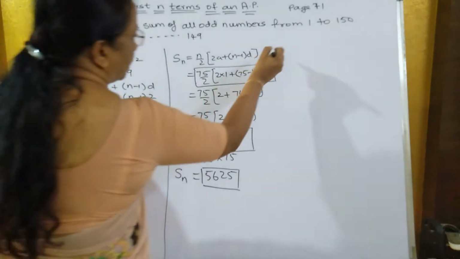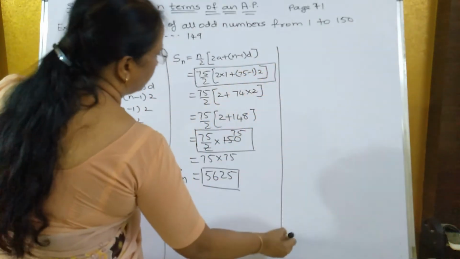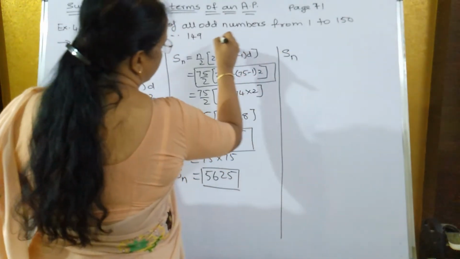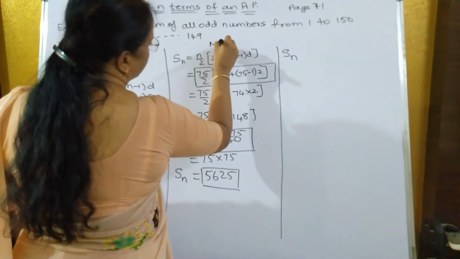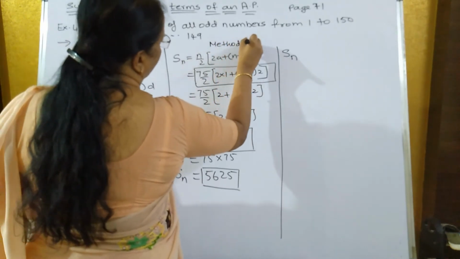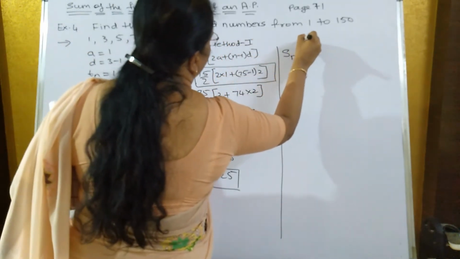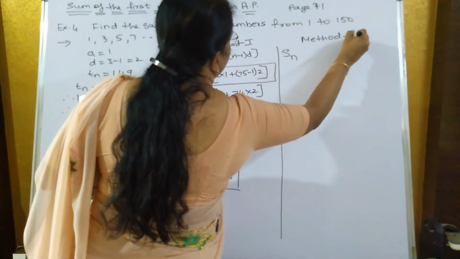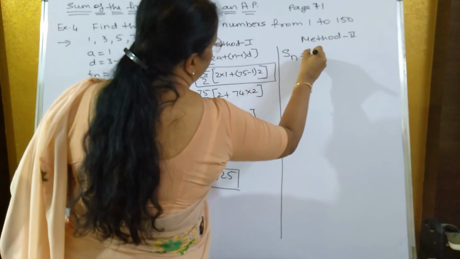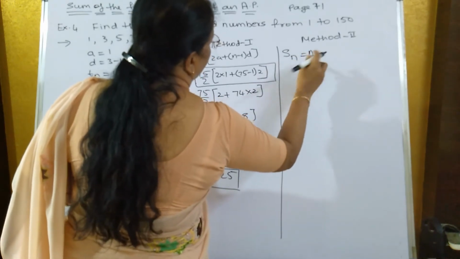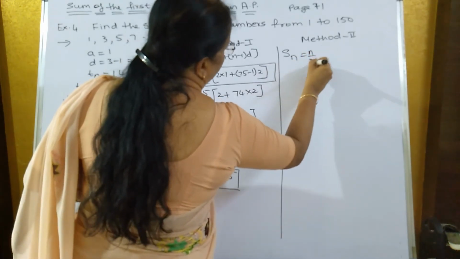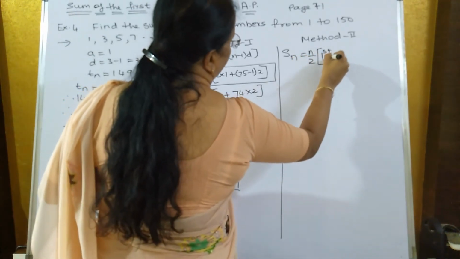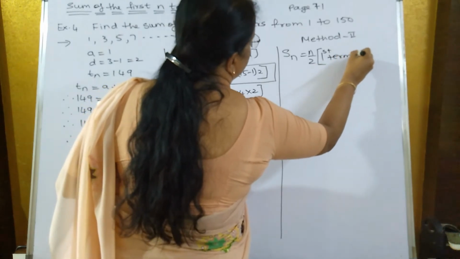Now by the second method, we know the first and the last term. This is the first method. Now we will find out by the second method, because we know the first and the last term. So Sn is equal to n upon 2 into first term plus last term.